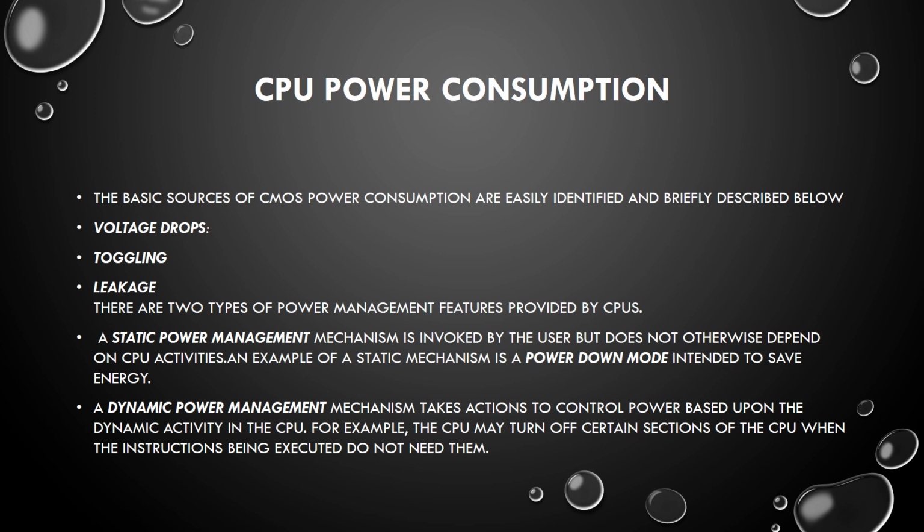The first source of power consumption is the power supply voltage. The dynamic power consumption of a CMOS circuit is proportional to the square of the power supply voltage. So power is reduced by lowering the power supply voltage to the lowest level that provides the required performance. Adding parallel hardware can reduce the power supply even further while maintaining the required performance.